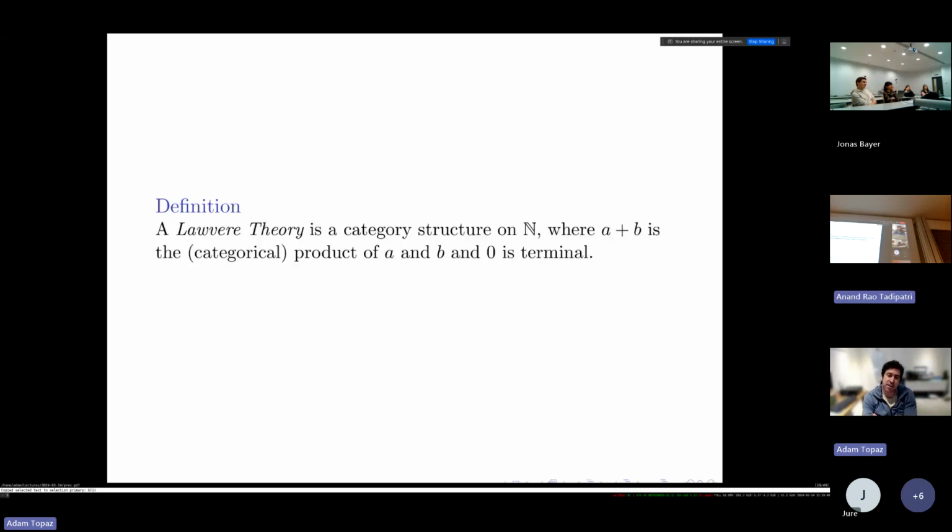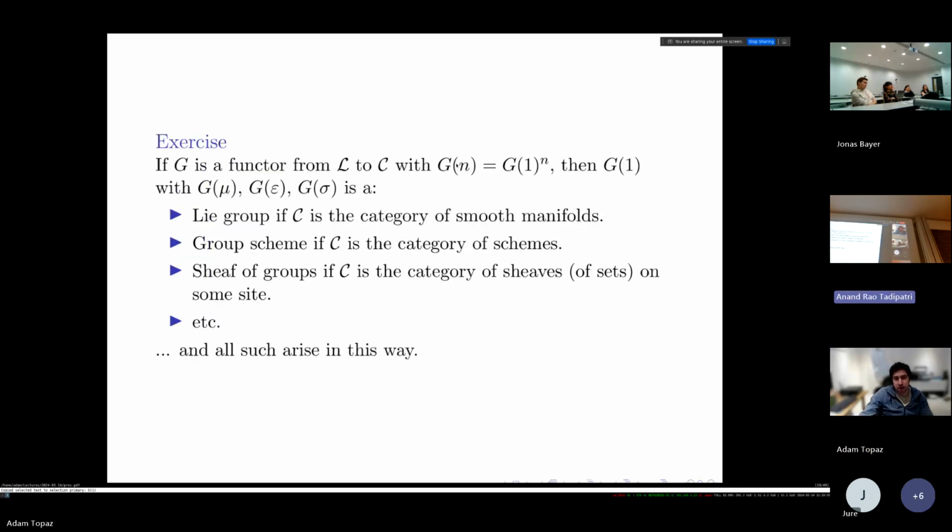As I just said, the example that I've described for you is a bit special because, at least on objects, I'm claiming that the value of this functor on any natural number n should be determined by a single thing, G of 1. That corresponds to the fact that when you're talking about a group, there's just one underlying set involved.